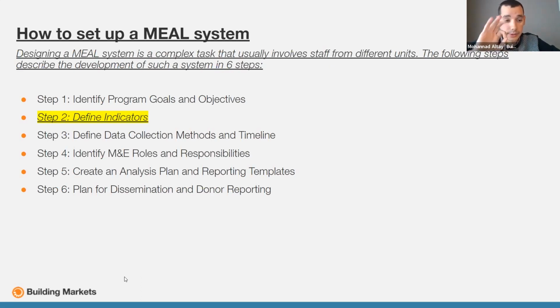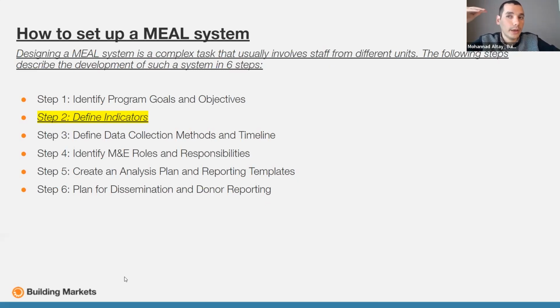And then step number 3 is to define the data collection methods, data collection tools, and the timeline. By the timeline, we mean the frequency of data collection for each service. You should know in advance how you want to collect the data, whether it is baseline data or post-service data.